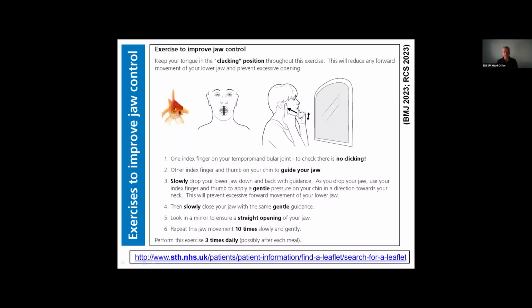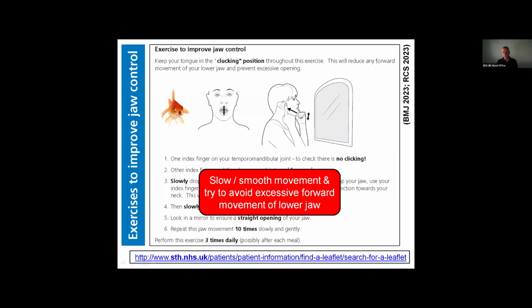The actual technique has been around for about 50 years, and its nickname is the goldfish exercise because you're supposed to look like a goldfish, and it's supposed to be a goldfish in slow motion. So it's a slow, smooth opening and closing movement, and you're trying to also avoid any excessive forward movements of the lower jaw.